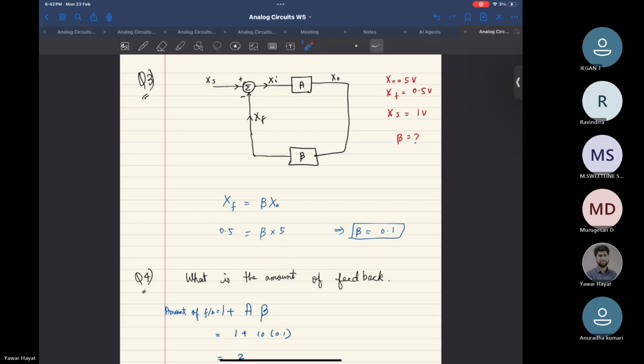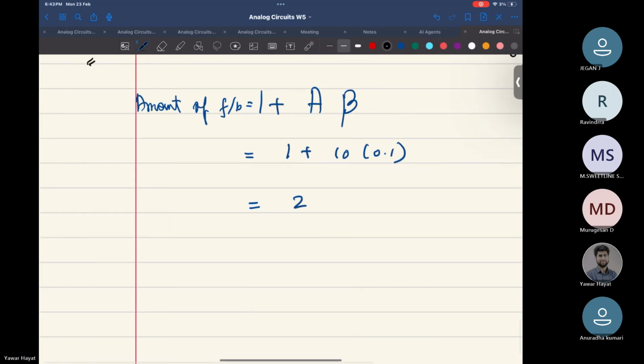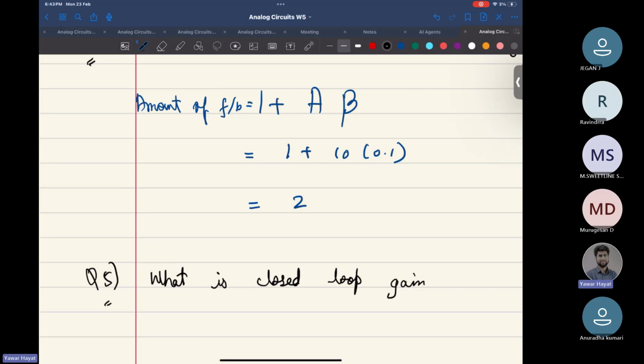What is the closed loop gain? Closed loop gain would be, correct, 5.